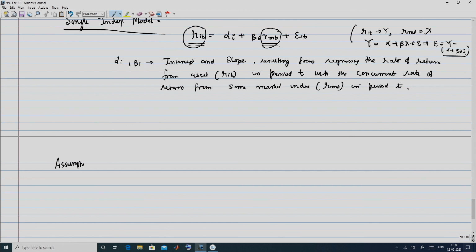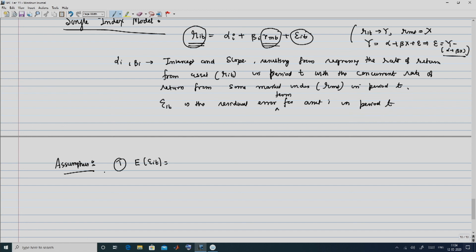The assumptions are the following. The expected value of epsilon IT, which is the residual factor, remember that here epsilon IT is the residual error term for asset I in period t.